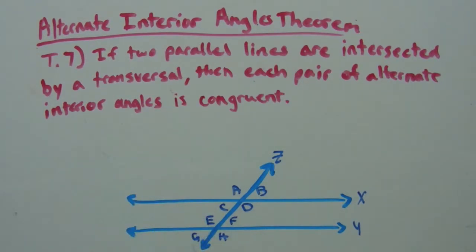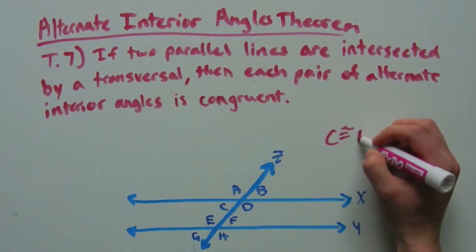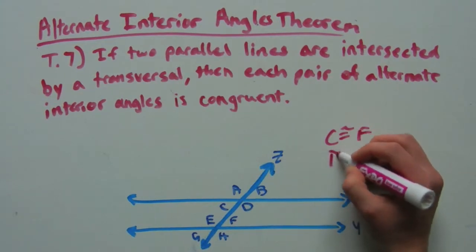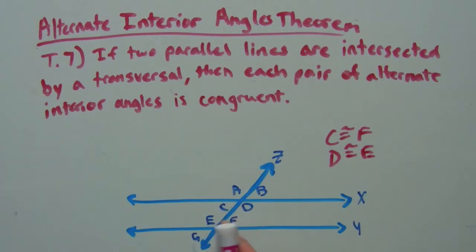So what this is saying is that C is congruent to F, and D is congruent to E. The alternate interior angles are congruent. Now let's go ahead and do a proof for this.